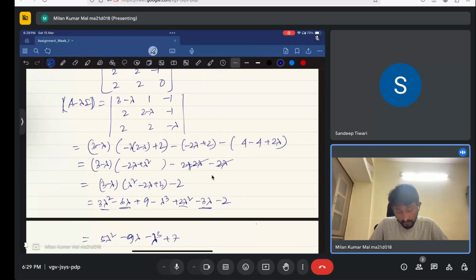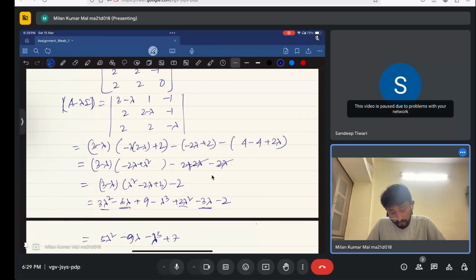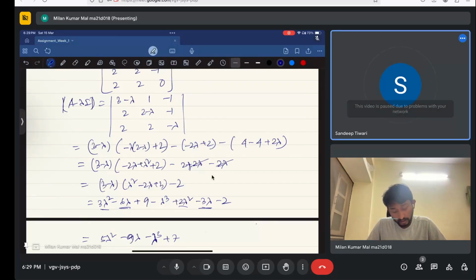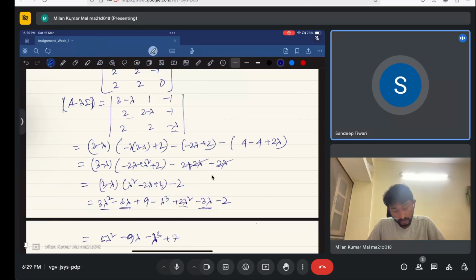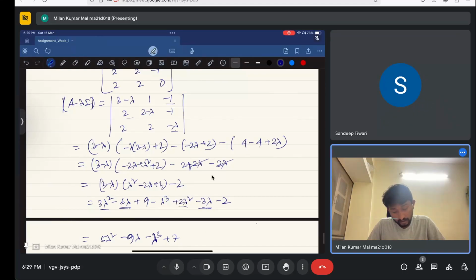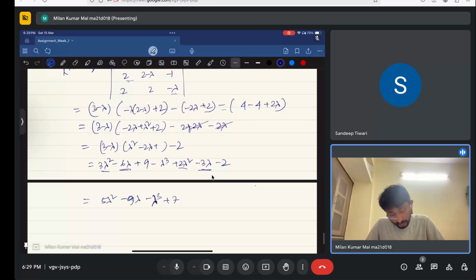Minus lambda, 2 minus lambda, that is minus 2 lambda plus lambda square, 2 and 1 minus 2 and plus 2. This is correct. So plus 2, and lambda square, and here it will be minus 1, 2 minus 2 and minus lambda, minus 2 lambda, minus 2 plus 2, that's correct. And next one is minus 1 here, and 2 to 4 minus 4 plus 2 lambda, yeah. So this will be 2 lambda, yes you are correct, this full thing will then be incorrect.